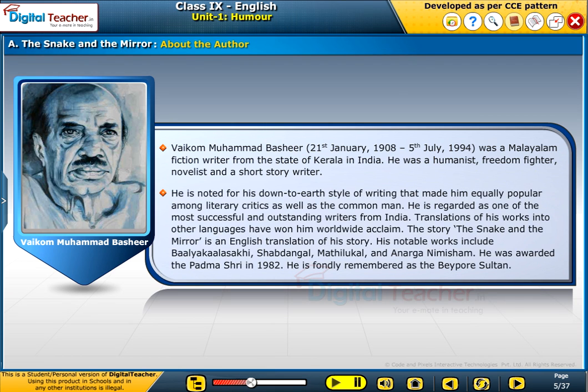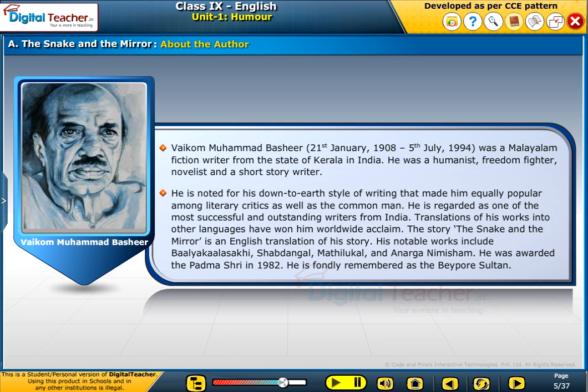He is noted for his down-to-earth style of writing that made him equally popular among literary critics as well as the common man. He is regarded as one of the most successful and outstanding writers from India. Translations of his works into other languages have won him worldwide acclaim.